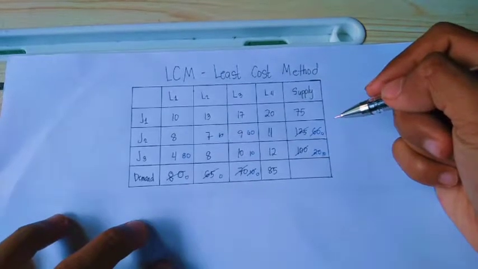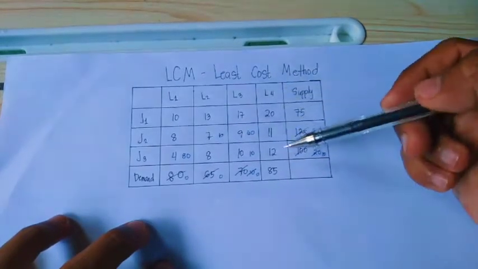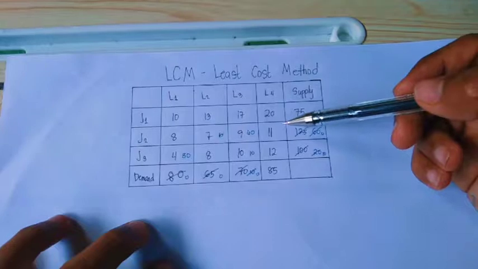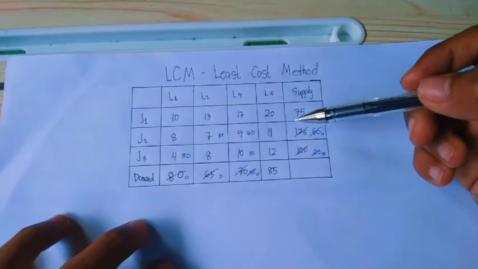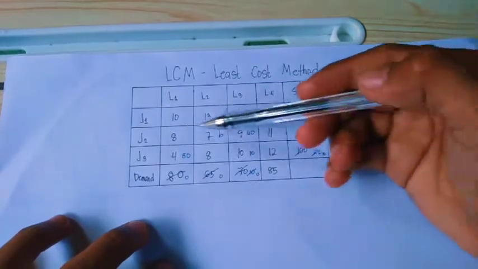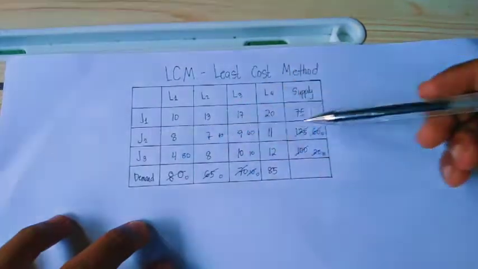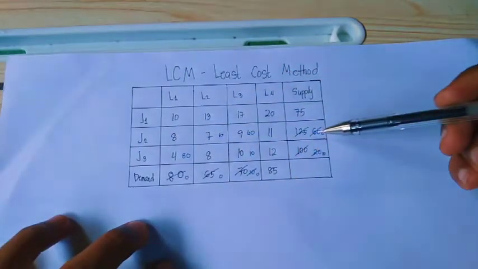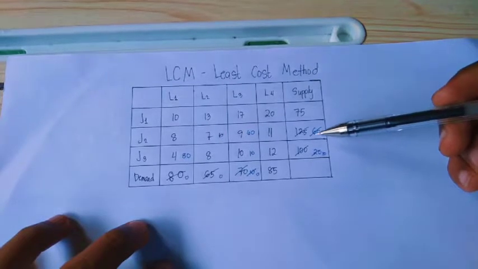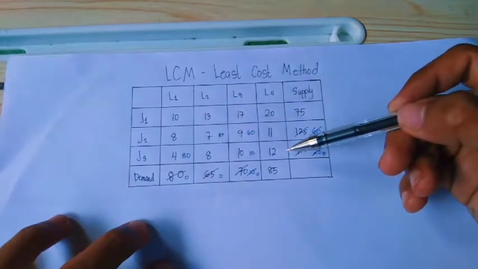Next, we will find the least in this column or row. Since this current row is already satisfied, we will move to the next least value, which is 12.